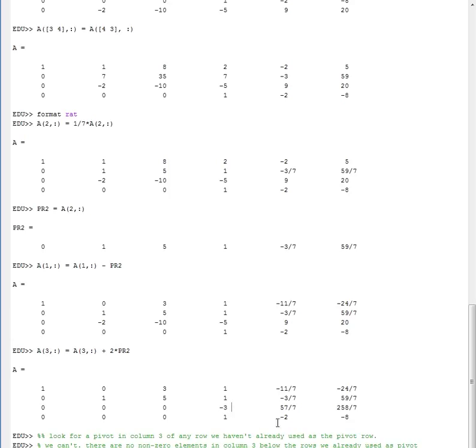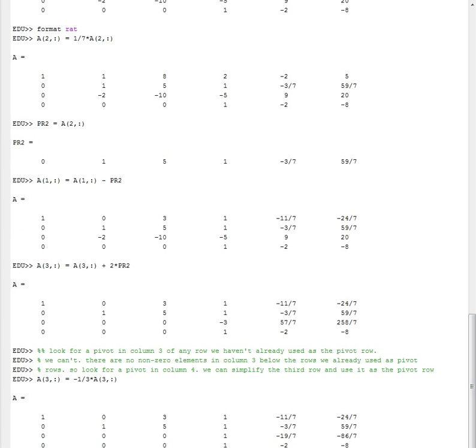I don't want to switch the ordering of the rows. So turning this -3 into a pivot means we have to divide this entire row by -3. And we replace that row 3 with the result.